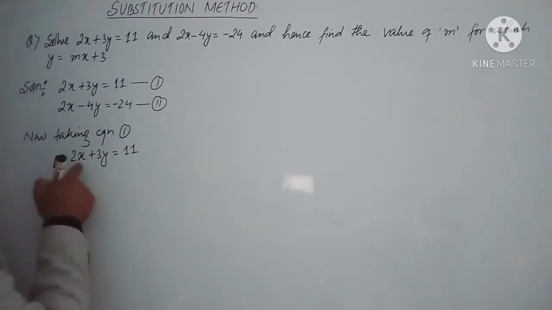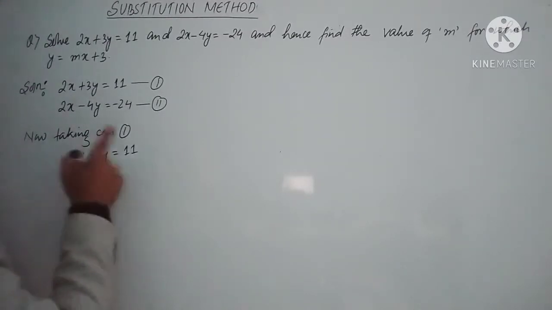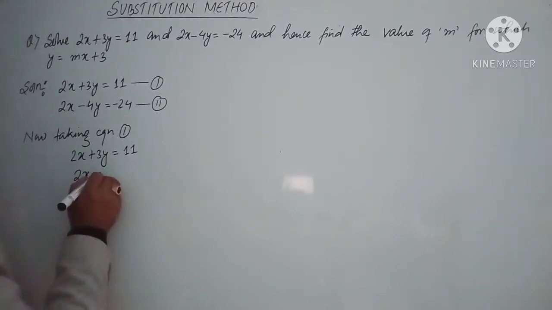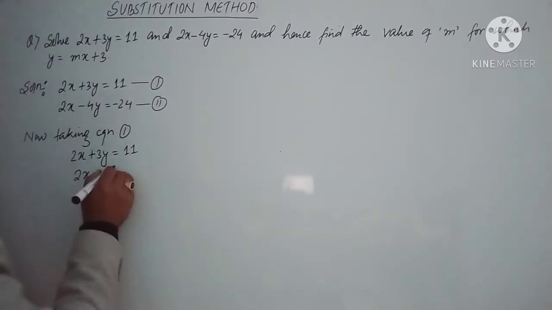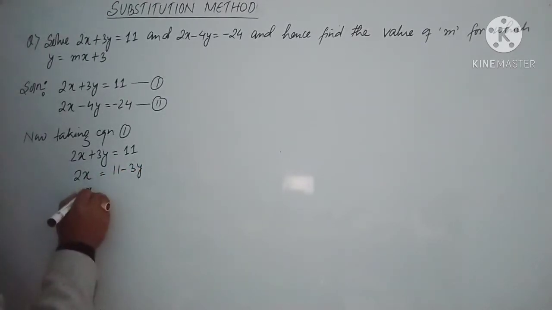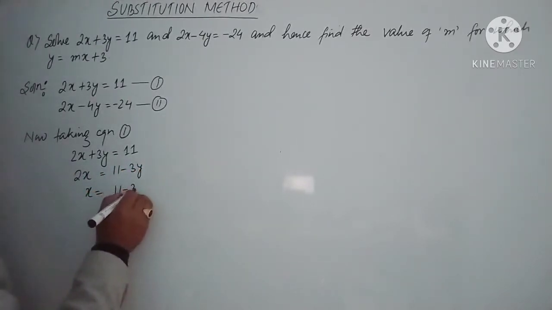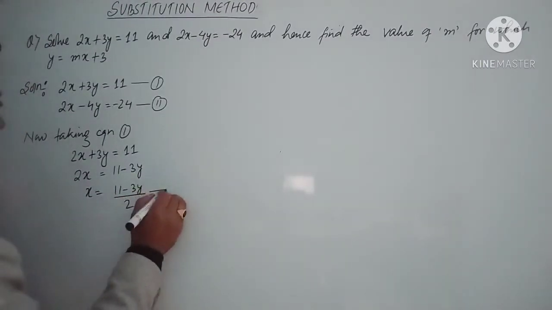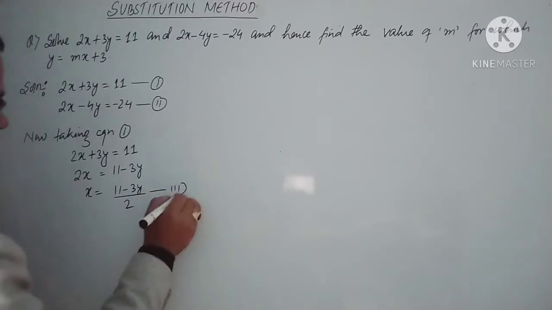Now we have to eliminate either x or y from the left hand side. So we will eliminate y. So 2x equals 11 minus 3y. So x equals 11 minus 3y divided by 2. So this is equation number 3.